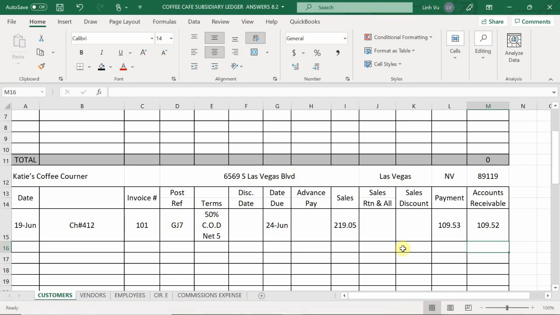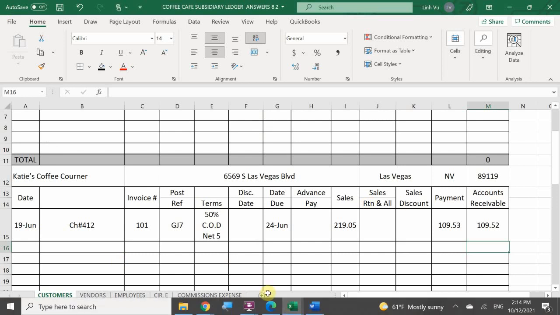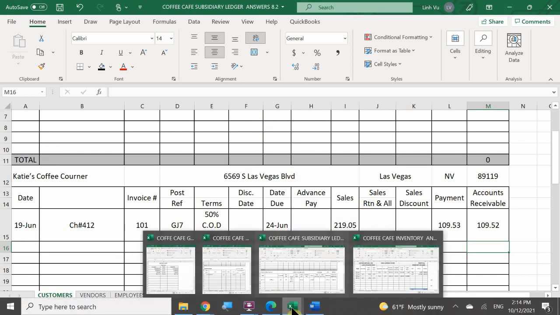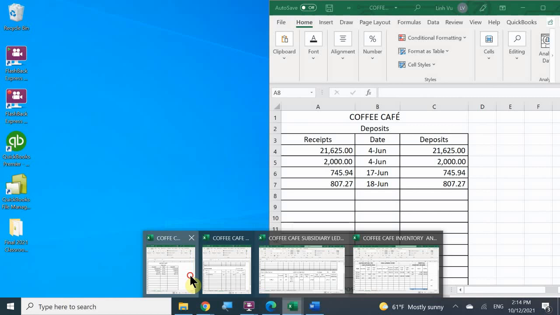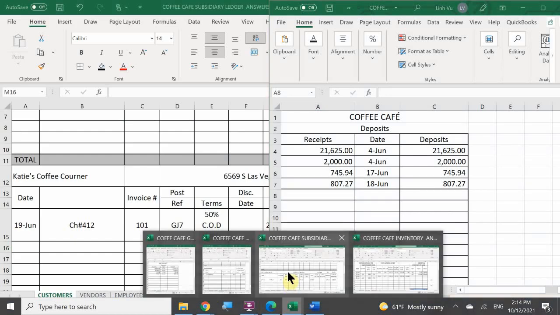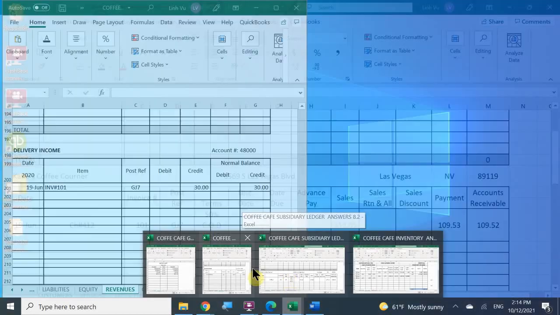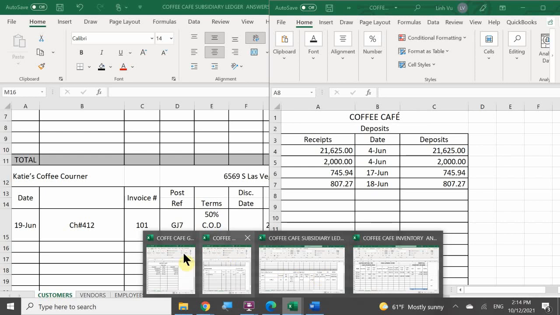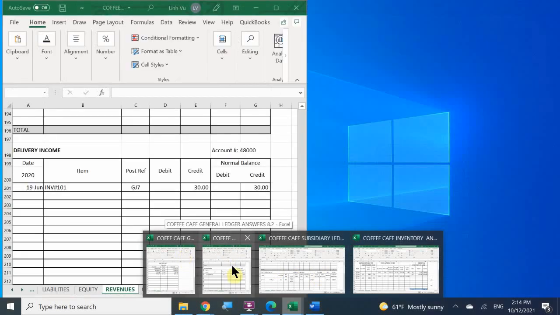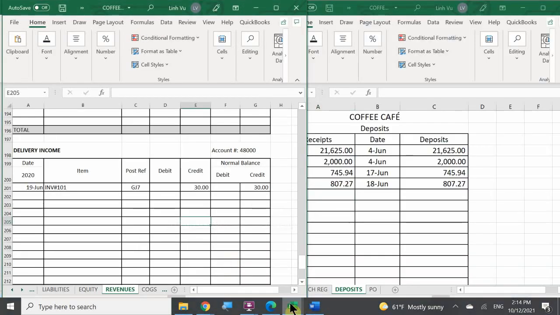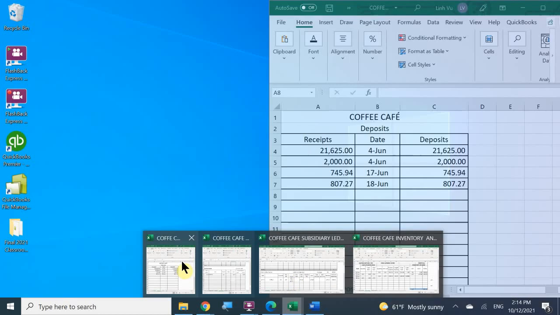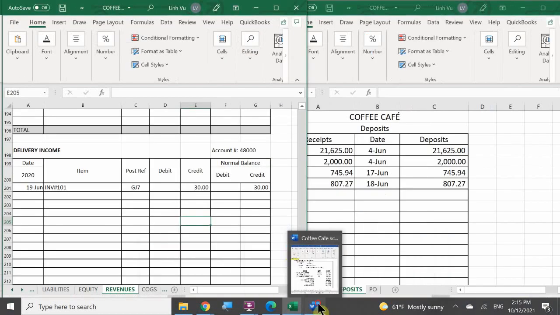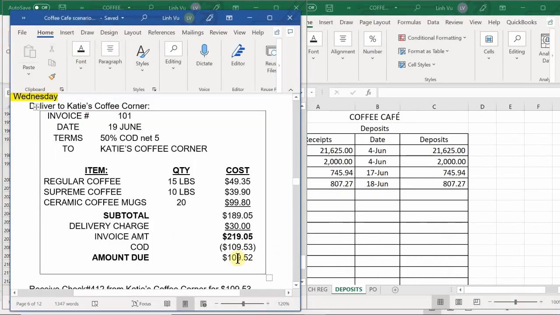Now I'm going to go ahead and deposit the check, but I'm not going to deposit it into the bank yet. We deposit checks at the end of every single day. So at the end of the day, when we have all of our cash sales, we're going to deposit all the money at once. How many people actually work at the company?